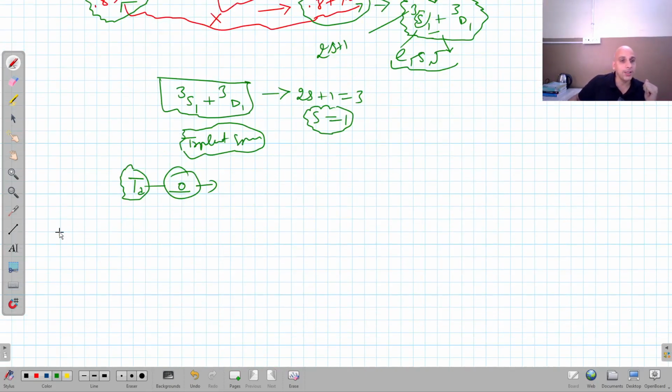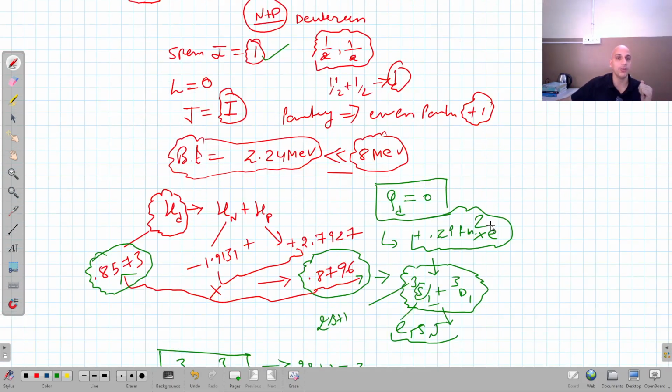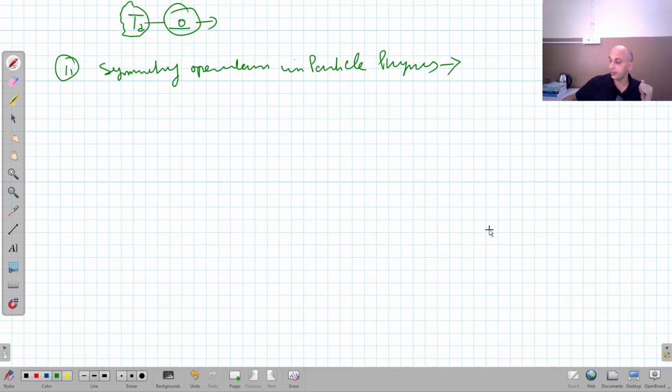Now I am coming to the second topic, that is symmetry operators, or operations in particle physics. In particle physics, we mainly come across three symmetry operators. The first one is the parity operator.